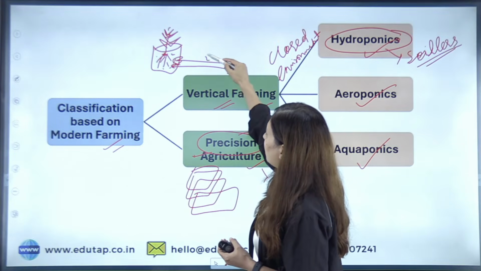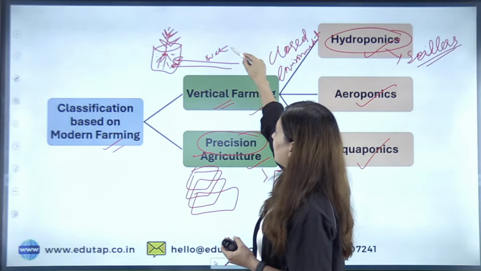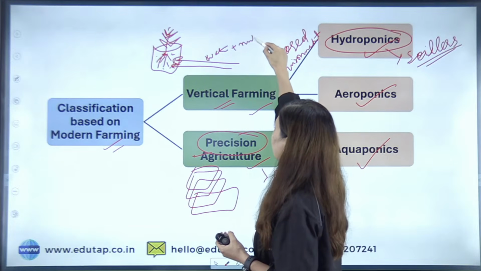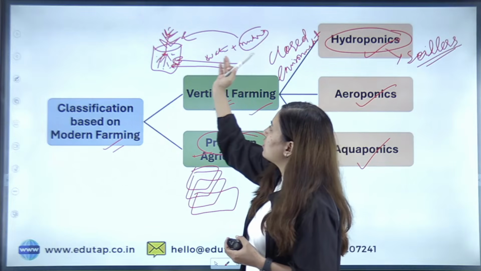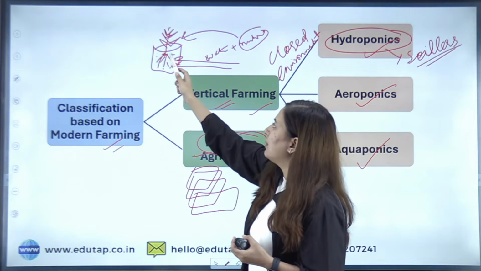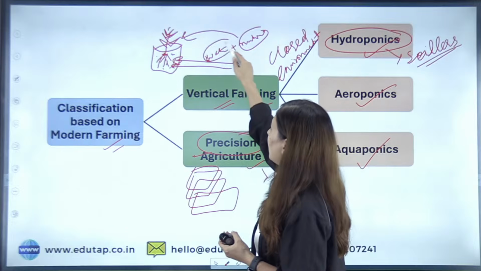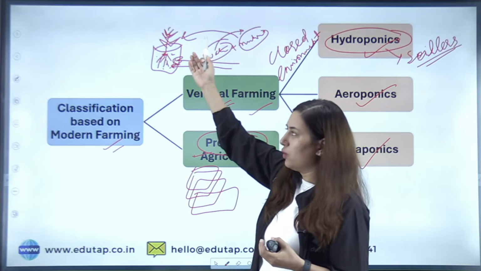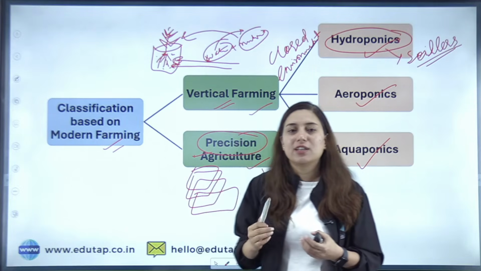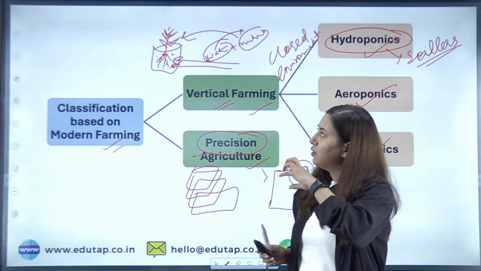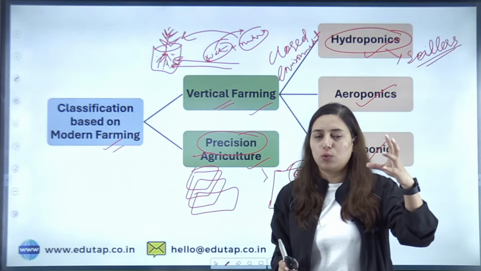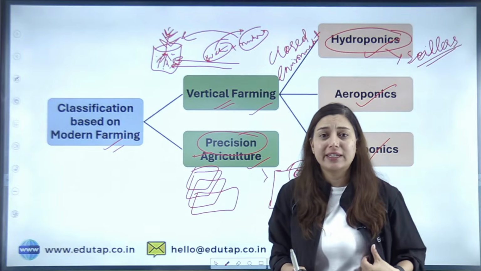And this is not just normal water. This water will have all the nutrients dissolved in it, that will be required by the plant. So with this constant supply of water, what will happen? The plant root will absorb this nutrient-rich water, and through that absorption, the plant will grow. So the plant does not need soil.